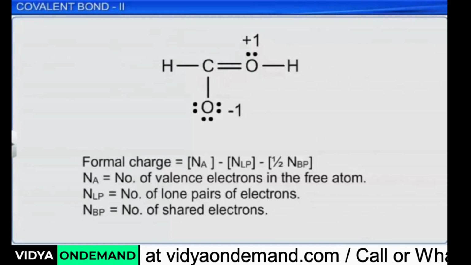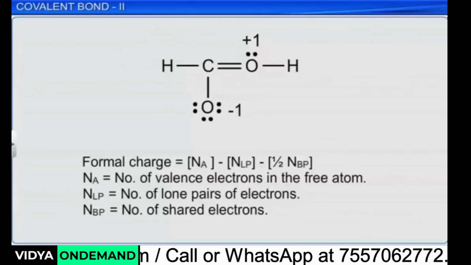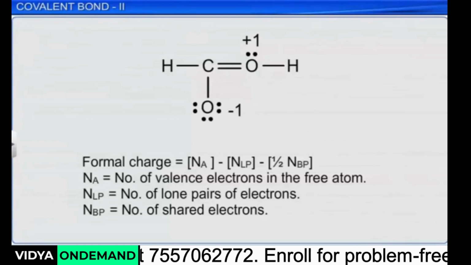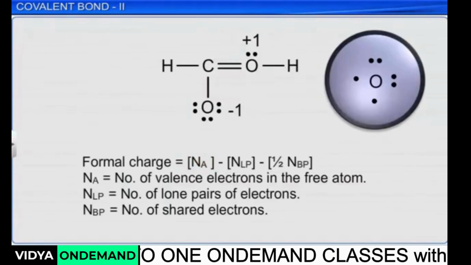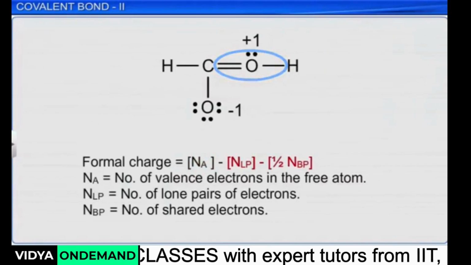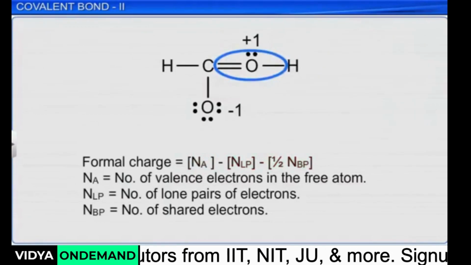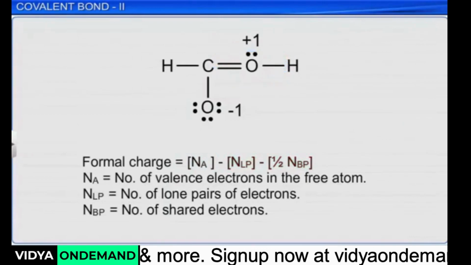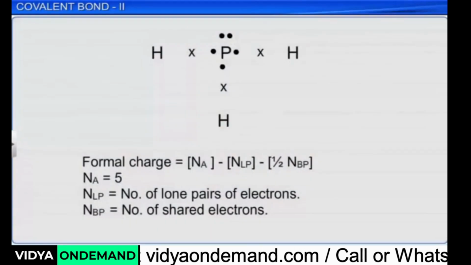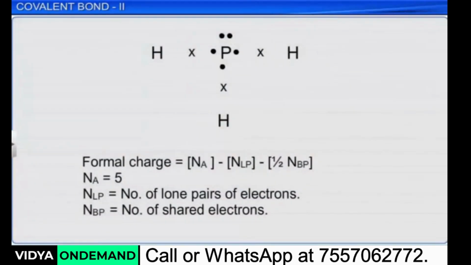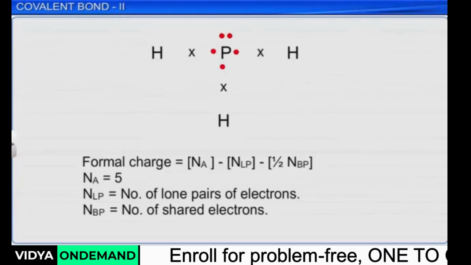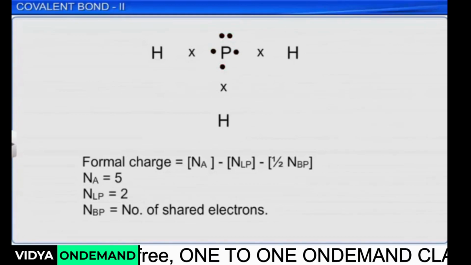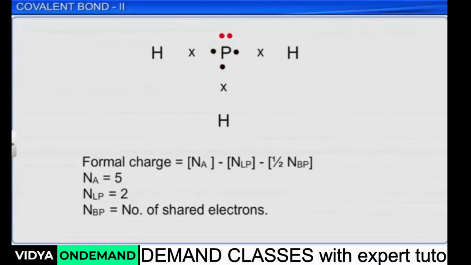The formal charge can be expressed as the difference between the number of electrons present in that atom in its isolated state and the number of electrons assigned to the atom in the Lewis structure. For example, in a phosphine molecule, the number of valence electrons in the phosphorus atom is 5, and the number of lone pairs is 2.